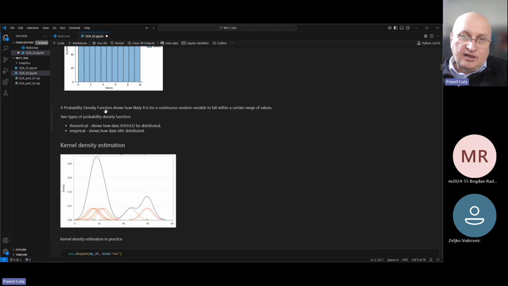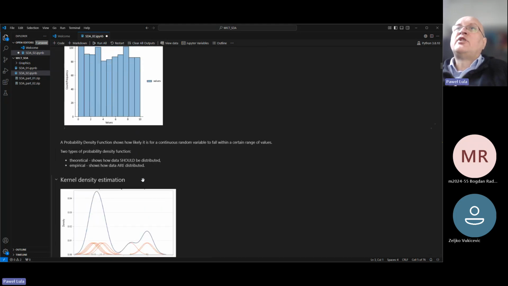And empirical distribution is calculated using a given data set. And of course, we can compare empirical and theoretical distribution.